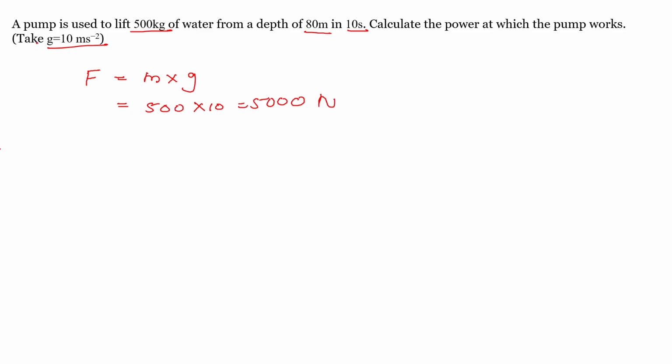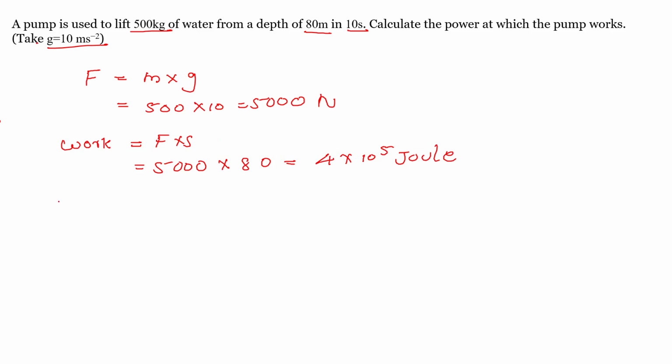After that you can write work is equal to F times S. So that will be 5000 times S, where S means distance, so 80. So it will be 4 times 10 to the power 5 joule.